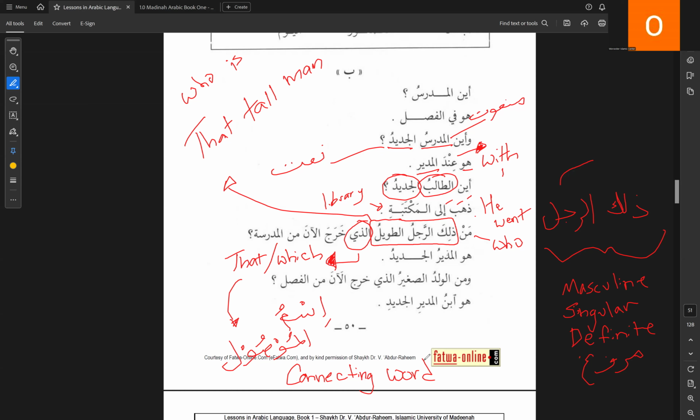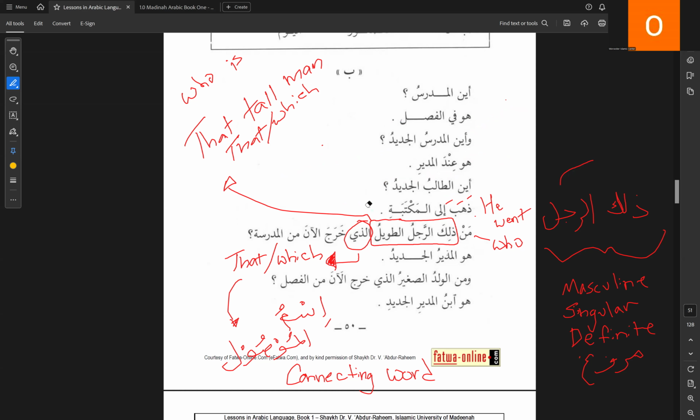Okay? So alladhi means that or which, depending on the context, because it's not a complete proper translation every single time. So who is that tall man? And then I can put that, but in this context, I can also put which. Kharaja means what? We know kharaja. It's kind of similar to ذهب.